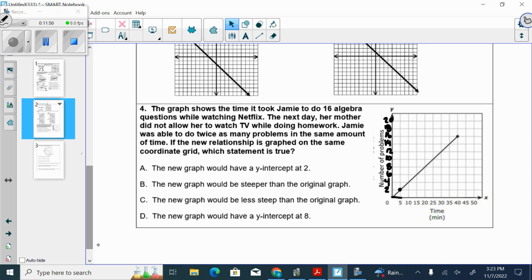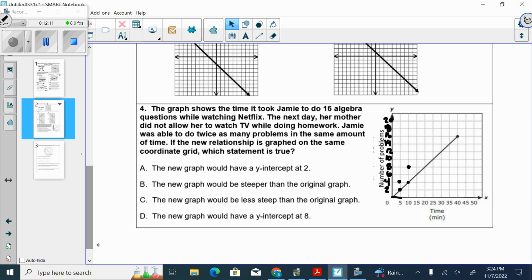How many? 4 in 5 minutes, right? Okay, so I would have a point here. If she was able to do 4 in 10 minutes, how many could she do the next day in 10 minutes? So twice as many. What's twice as many as 4? 8.